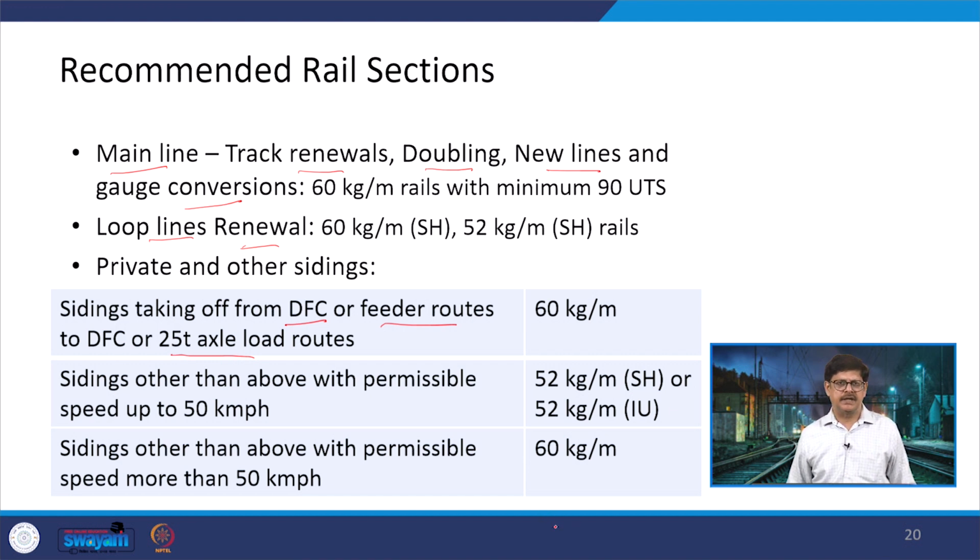Then for sidings other than the above with a permissible speed of up to 50 km per hour, we can go to 52 kg per meter SH or 52 kg per meter IU. IU is the industrial one, SH is the prime quality. And for sidings other than the above with a permissible speed of more than 50 km per hour, we have to upgrade the rail section, and instead of 52 it will be 60 kg per meter.